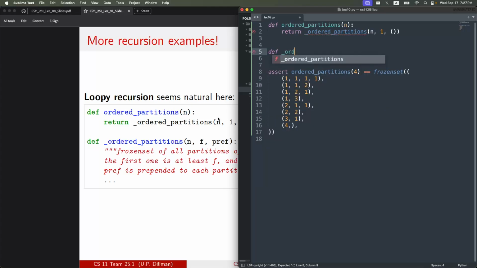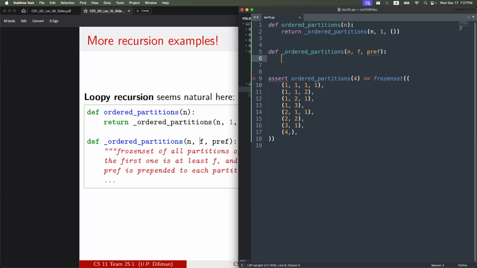What does the value f allow us to do? Well, for a given f and n, we have two choices.